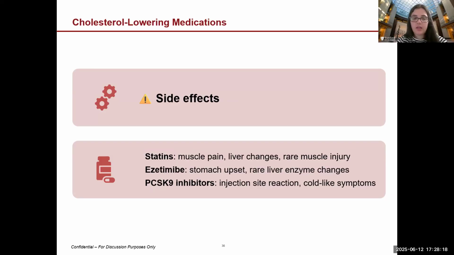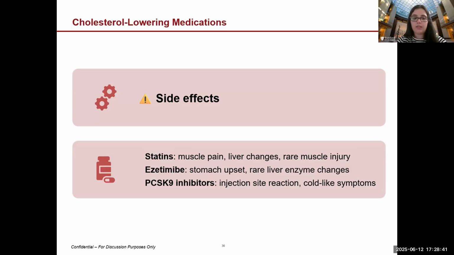Some of the side effects that each medication can cause. So for statins, they can cause muscle pain, liver changes, and rarely they can cause muscle injury. For ezetimibe, it can cause stomach upset, and also rarely any liver enzyme changes.